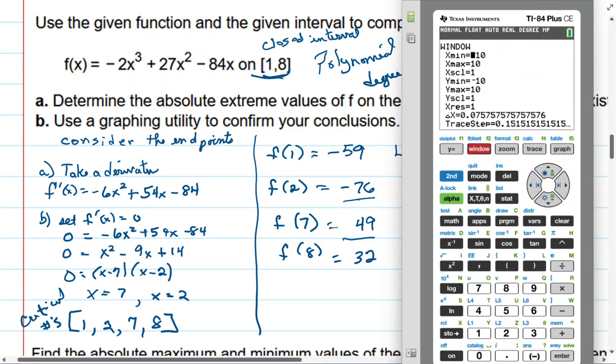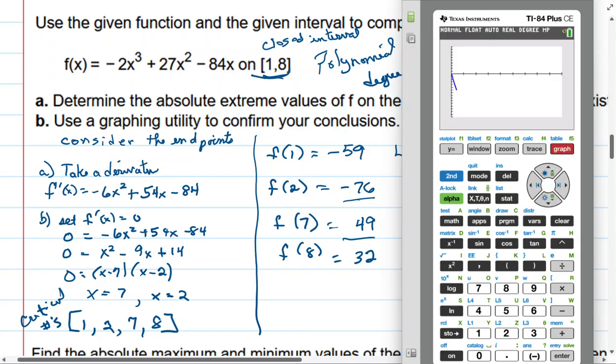I'm going to make my domain 0 and 9, one more than what I need. And my y min, I'm going to round to negative 80, 50. And let's do 5s. And there it is. Almost looks like a sine curve, doesn't it?